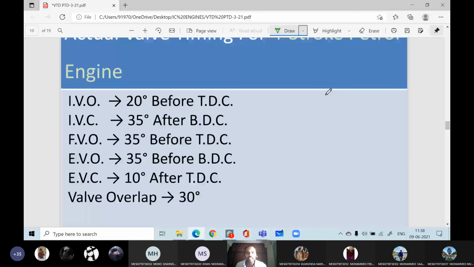So you can see the inlet valve opens 20 degrees before TDC and closes 35 degrees after BDC. The spark injection is 35 degrees before TDC, and the exhaust valve opens 35 degrees before BDC and closes 10 degrees after TDC, and the valve overlap is 30 degrees.